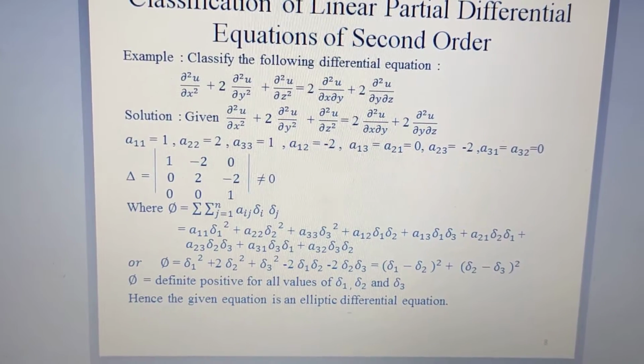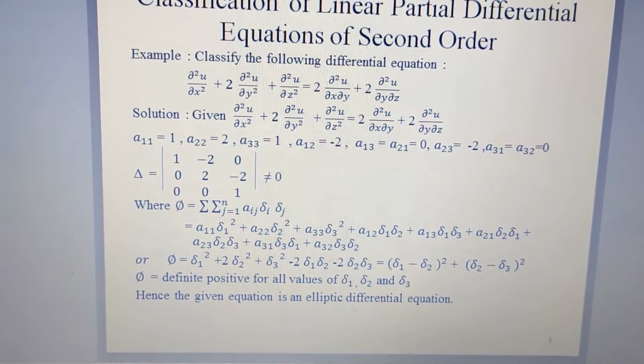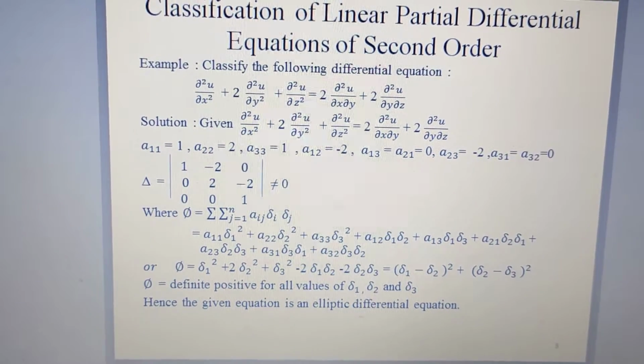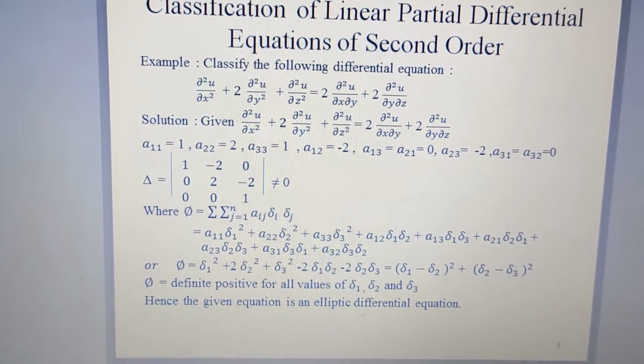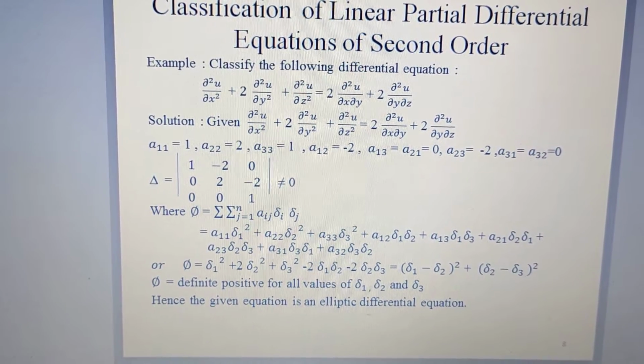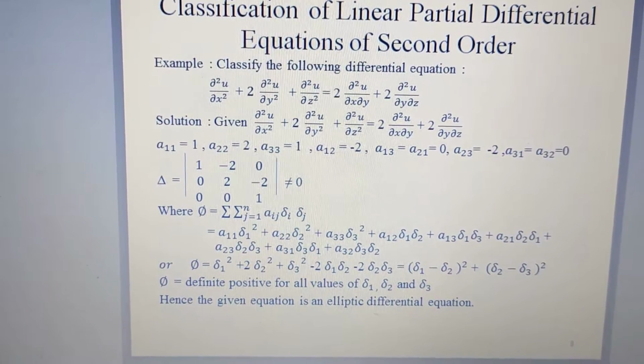Again we have to come to the phi operator, and if we put the values of the coefficients stated over here, then we have phi is equal to del 1 square plus 2 del 2 square plus del 3 square minus 2 del 1 del 2 minus 2 del 2 del 3.